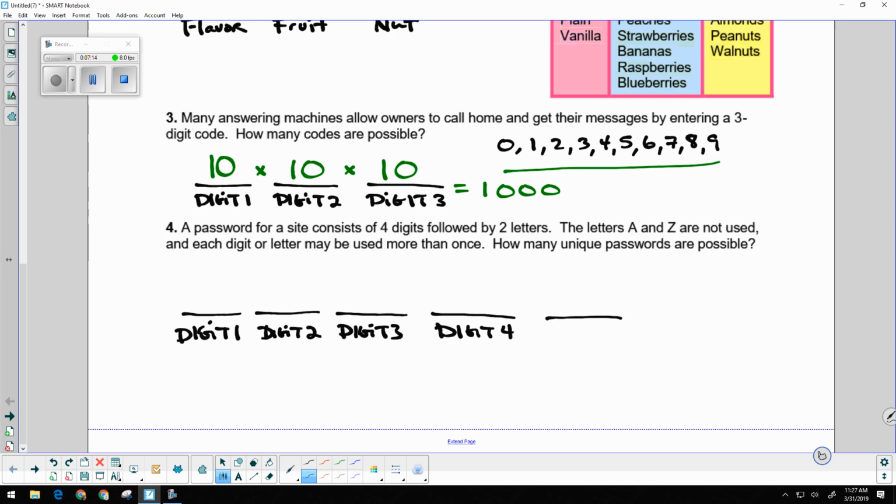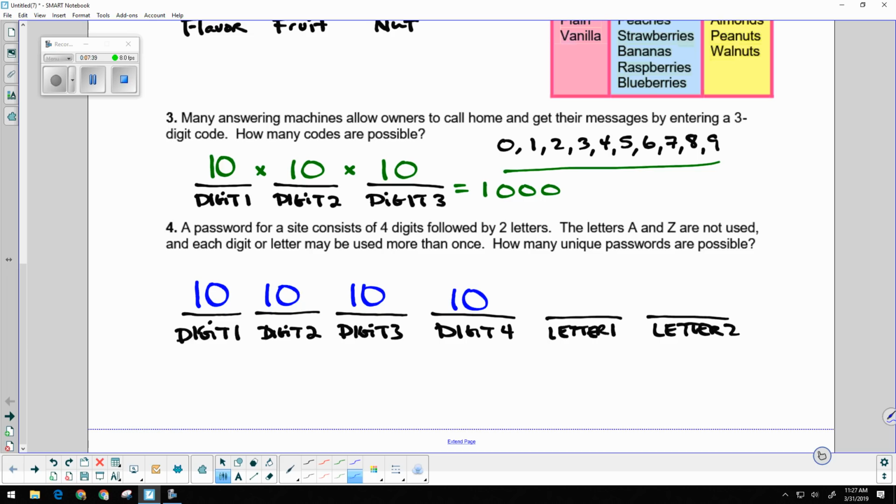So blanks 5 and 6, letter 1, letter 2. Now again, for each of these blanks, we have 10 choices for what can go in there for the digits. There's 10 different digits I could choose here, here, here, or here.